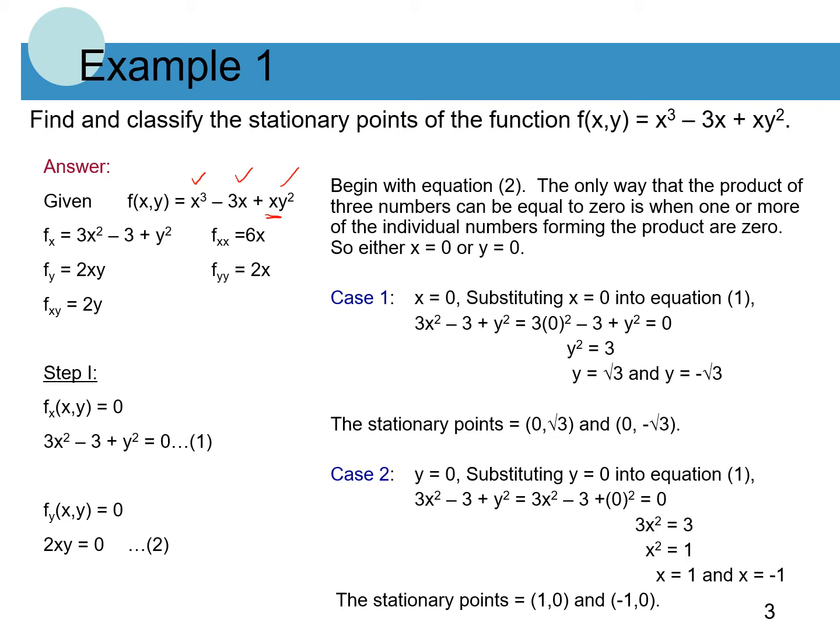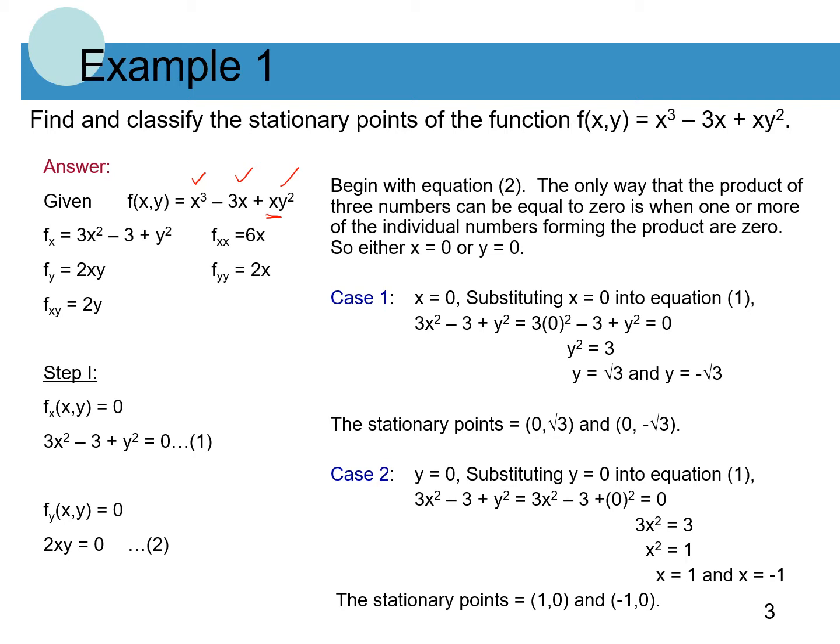Then the second derivative fxx is equal to 6x, where we derive 3x squared minus 3 plus y squared with respect to x, and we only have 6x.